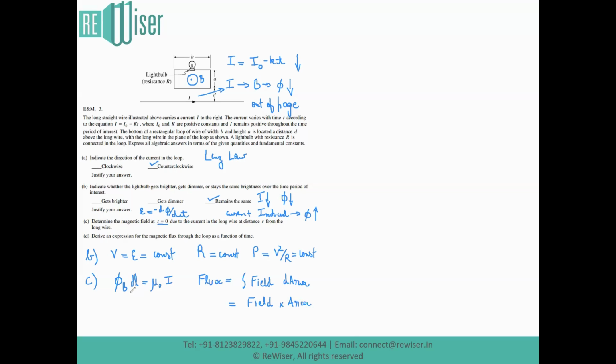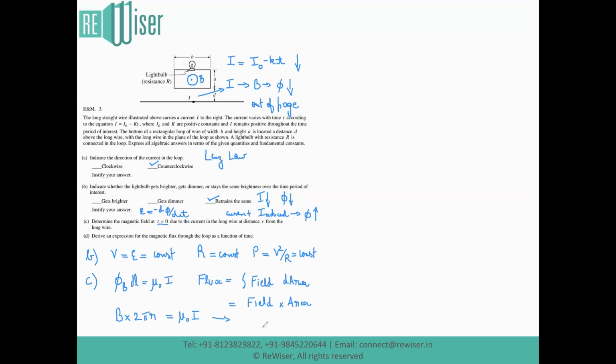This being said, I can write this equation as the magnetic field strength B into area equal to mu naught times I.